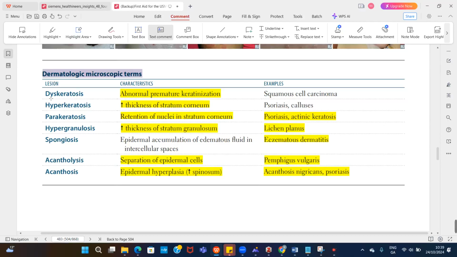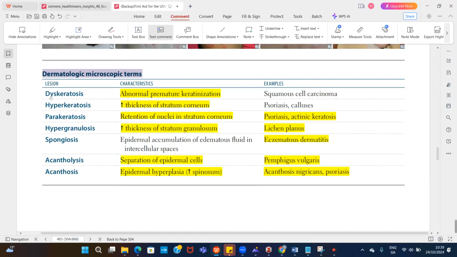Once they get to the stratum corneum, they lose their nuclei and they become flat on the skin. That is their life cycle. But in some particular disease conditions, the keratinocytes are migrating from the stratum basale and not even completing their maturation process before they start producing keratin.